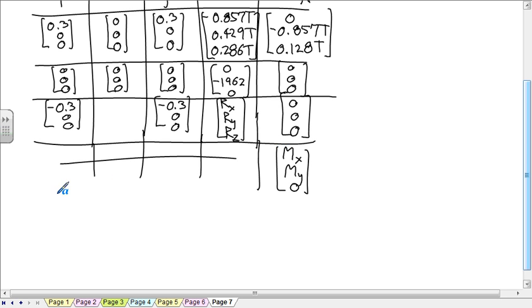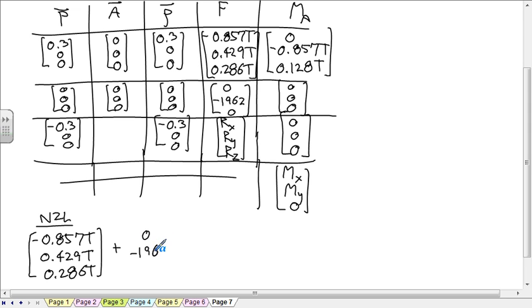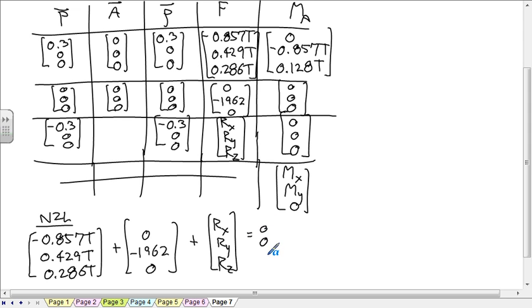Okay, so Newton's second law says negative 0.857 t, positive 0.429 t, positive 0.286 t, plus 0, negative 1962, 0, plus Rx, Ry, Rz is equal to zeros.